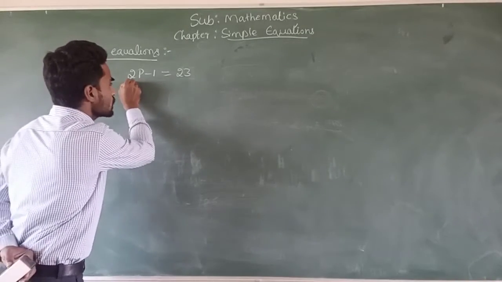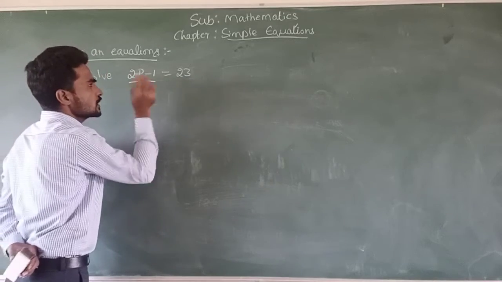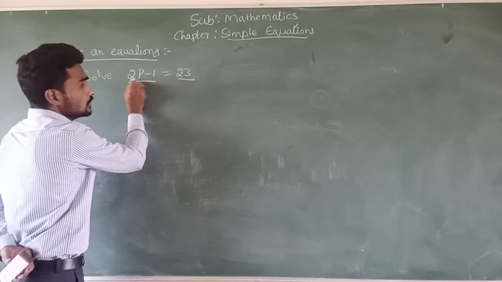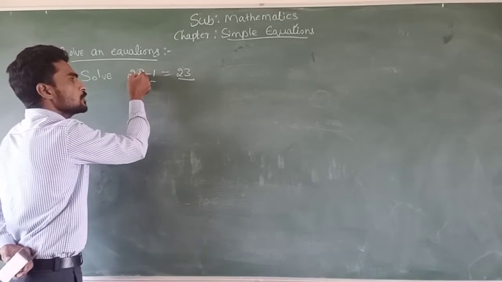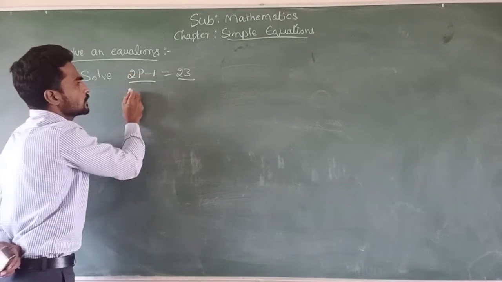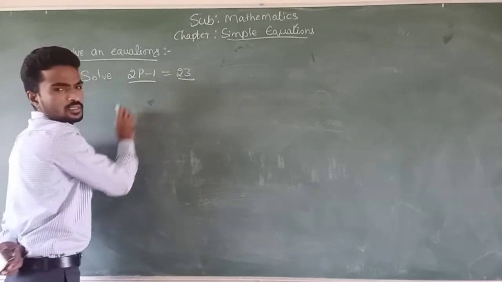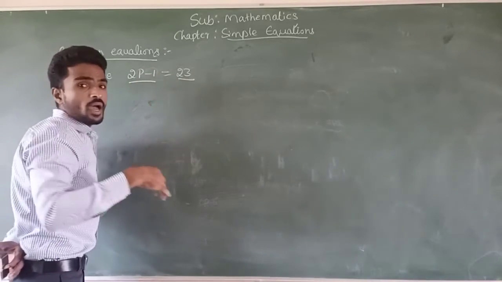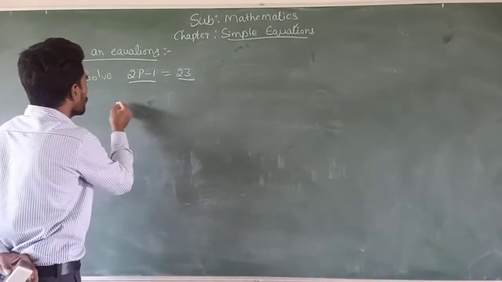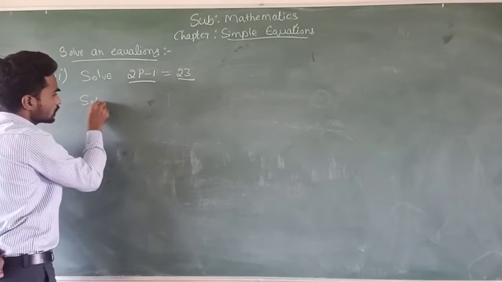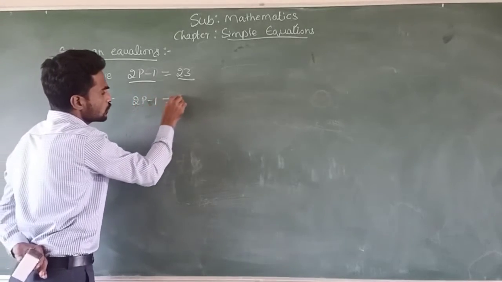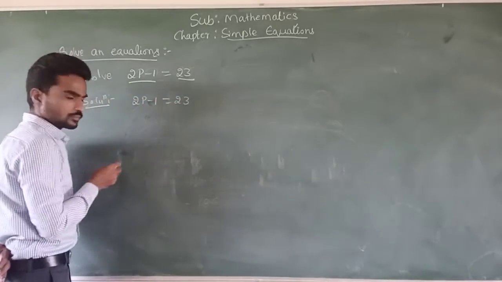Observe the equation: the LHS is 2p minus 1 and the RHS is 23. Here 2 is the coefficient of the variable p, and there is also a subtraction of 1. To cancel this minus 1, we can add 1 on both sides.